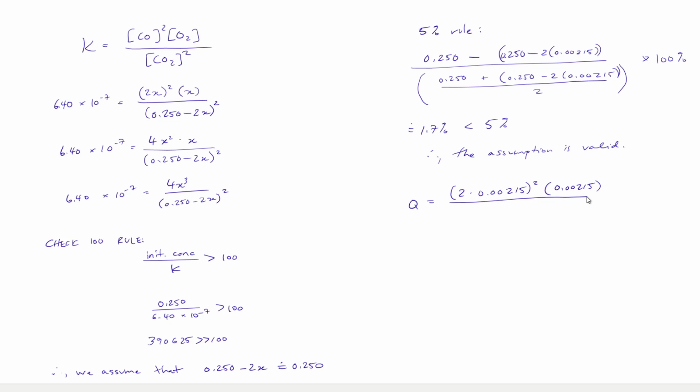And I'm going to include my assumption, which is that in the bottom I just have 0.25 squared. I'm assuming that no x is taken away from this value because x was exceedingly small. And I get my Q for that, and I get 6.39 times 10 to the negative 7, which is approximately equal to the K value that I was given in the question.